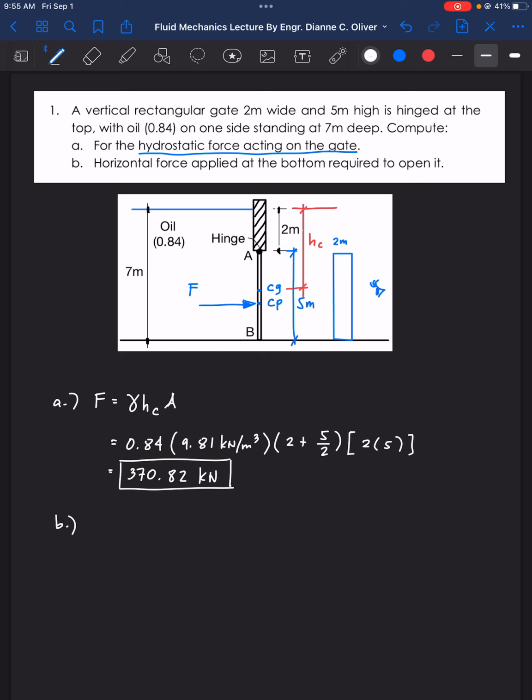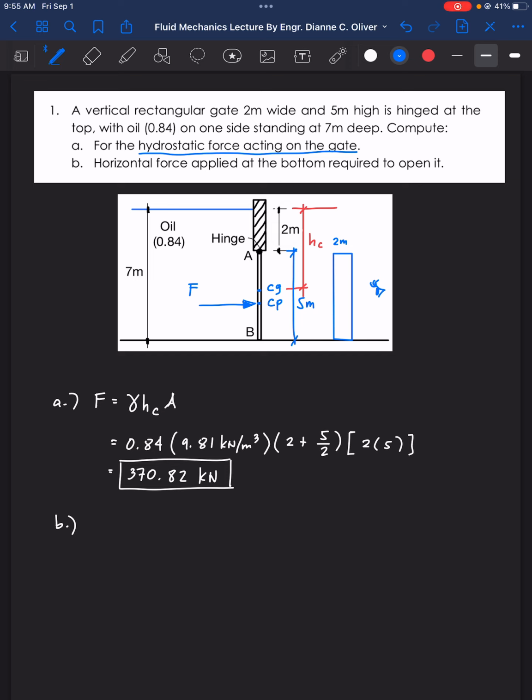How about letter B? It's asking for the horizontal force applied at the bottom required to open it. What do we mean by the force required to open? In order to know what force opens the gate, you need to know what force closes it.